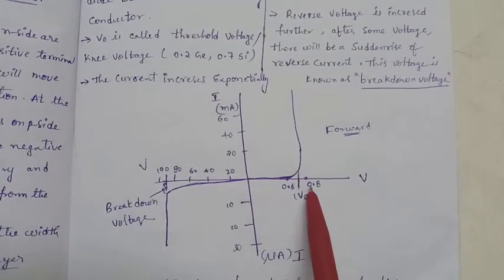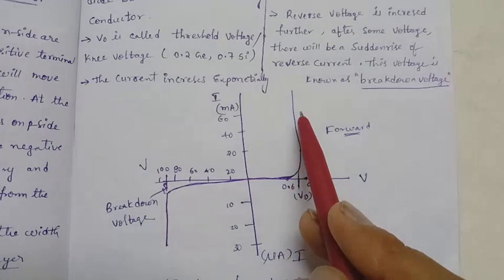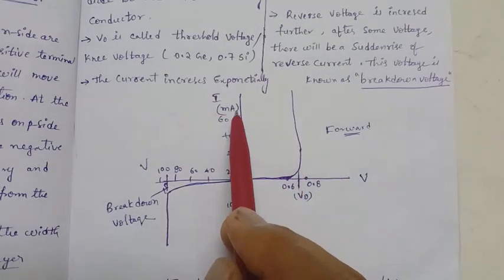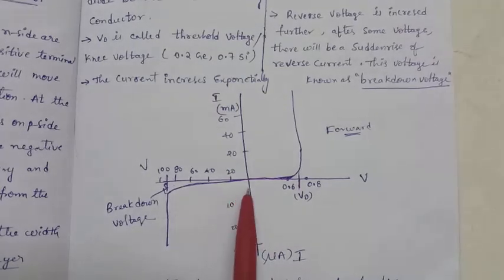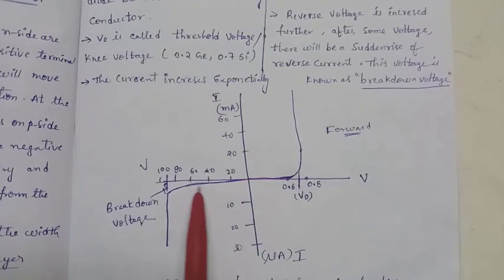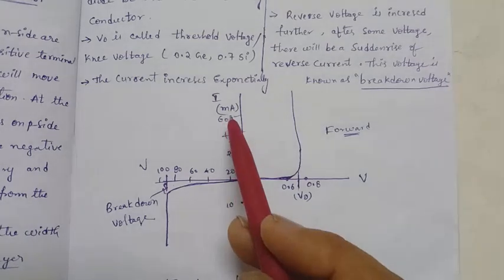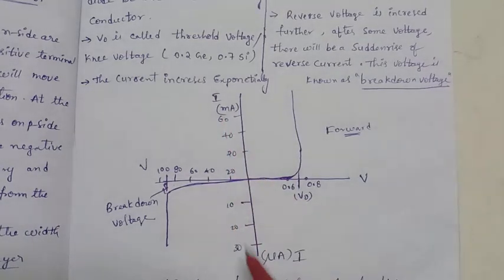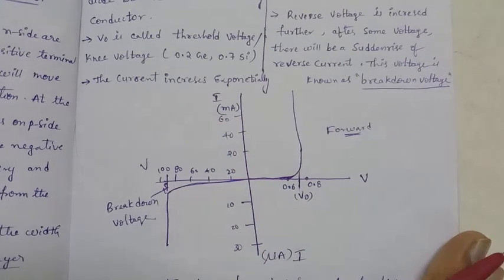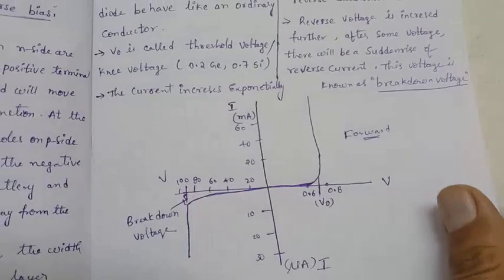With a small voltage, the barrier will be eliminated and the current will increase. Here you measure the current in milliamperes, and here we increase the voltage until breakdown is reached. At that time we get the current in microamperes. Micro means 10 power minus 6, milli means 10 power minus 3. So there is a nearly 1000 times current difference.